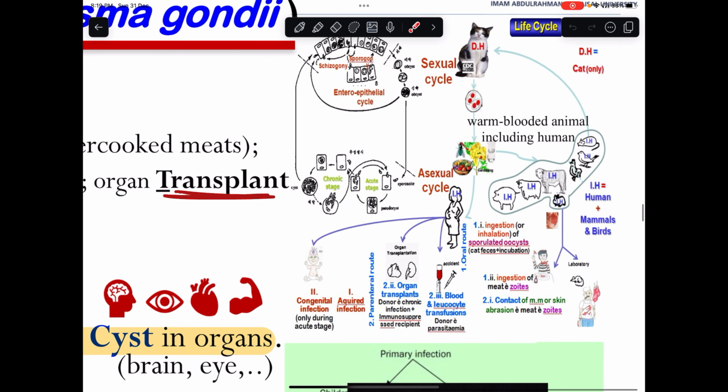If you guys remember, its definitive host is the cat, and it's transmitted through birds, which could be like chicken, which you may eat, like shawarma. This definitive host can transmit it to humans. And something special here is that there is vertical transmission from mother to child.